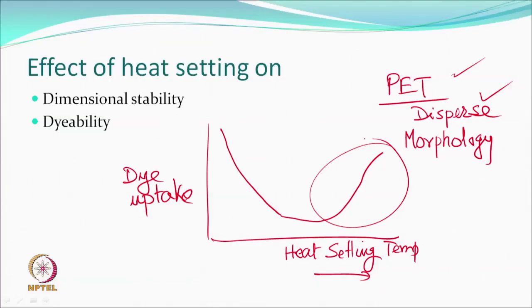What people now term this as the amorphous volume available per crystal. This increases, and therefore, dye can go further, and that is how we see this type of behavior. Very interesting behavior in synthetic fibers, particularly for the dyes which are more dependent on the morphology, right, the internal crystalline morphology.